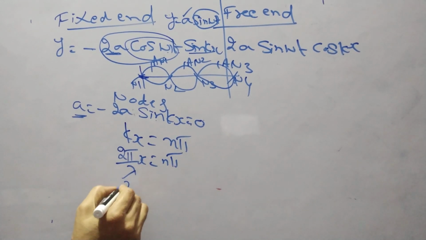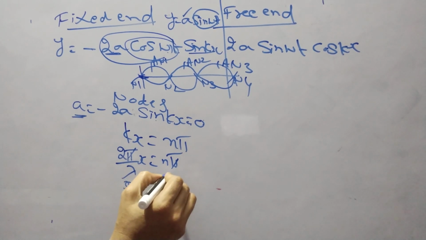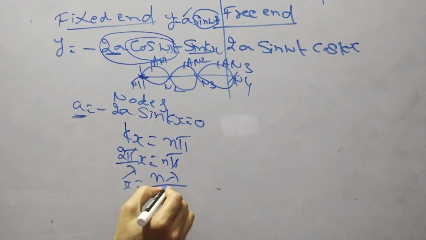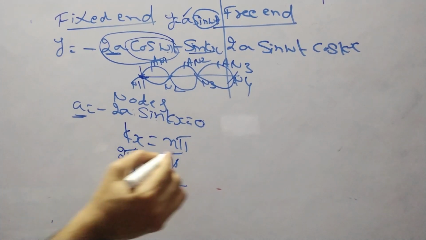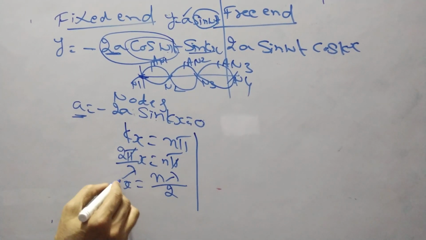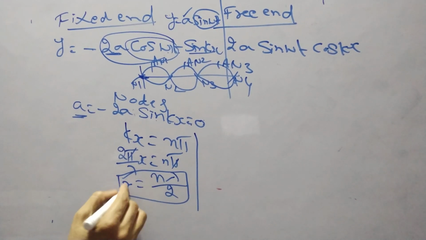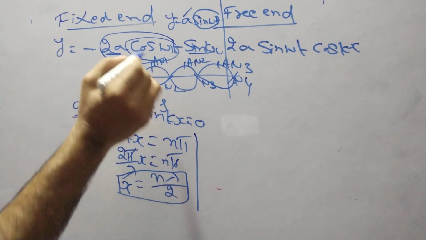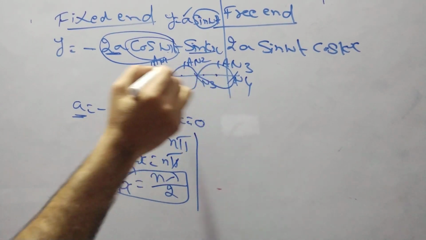So what is x here? x is n into lambda by 2. So n lambda by 2 is the equation for nodes here, because the amplitude is 0. The nodes are on the mean position, right?